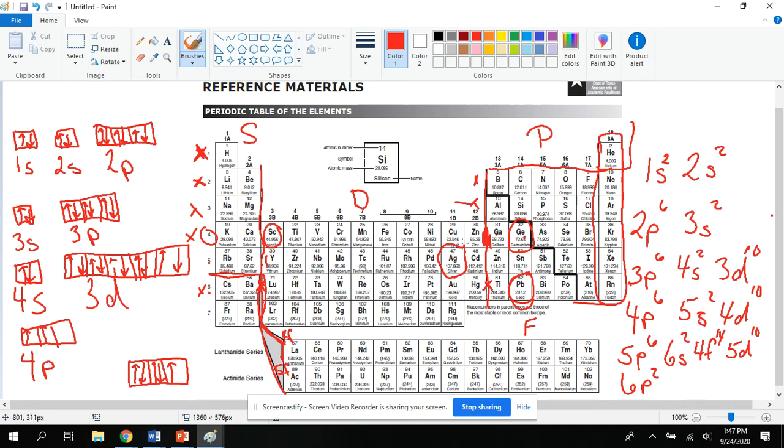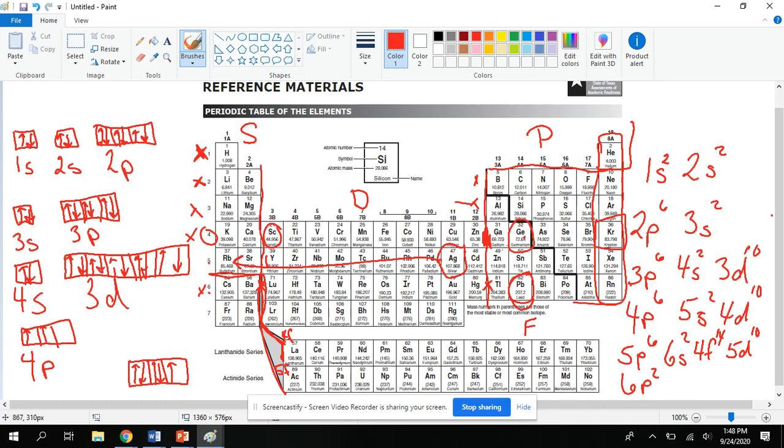So I've been working my way forward as I've been doing these configurations. When you do shorthand, you start at the element you're given and work your way backwards. So I'm going to go backwards this way and go to the last noble gas before my element. Krypton was the last noble gas before silver.